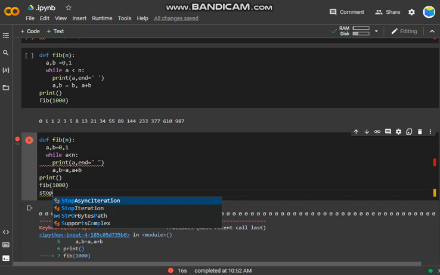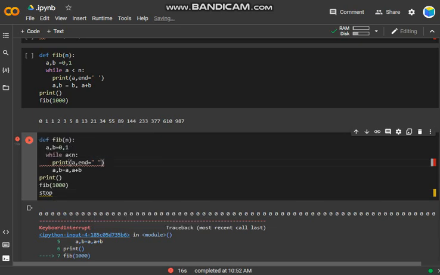Okay, so I think I have mentioned the print end, and while I have written there, and the bracket is right, but I don't have any idea what happens. A comma b, I have written b comma, oh, so b should be here.